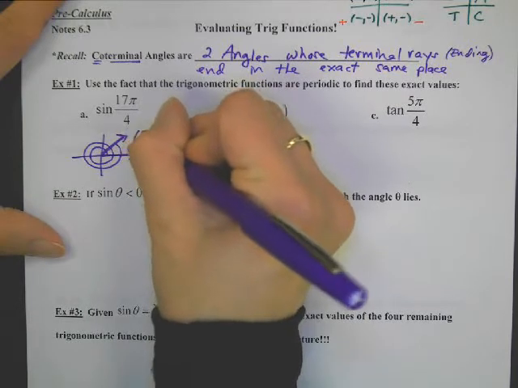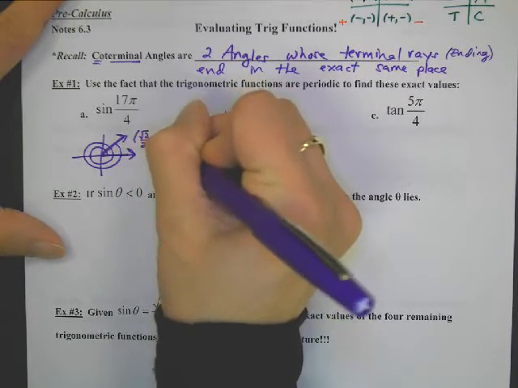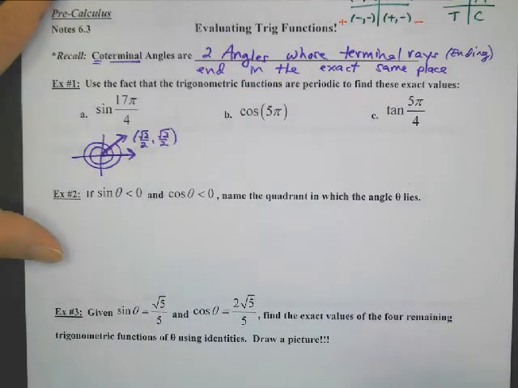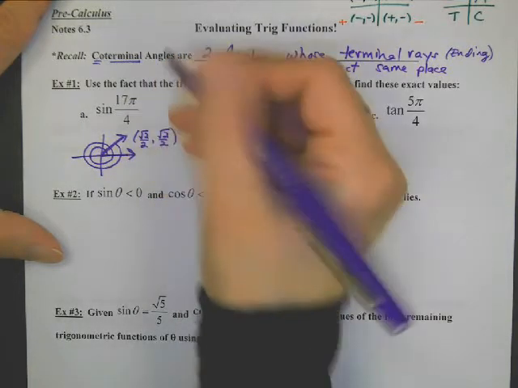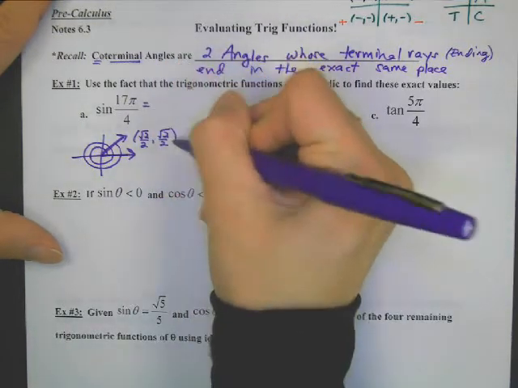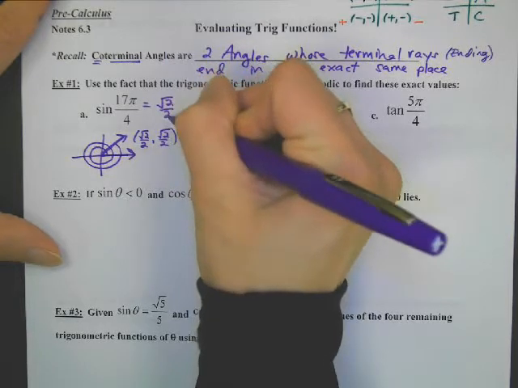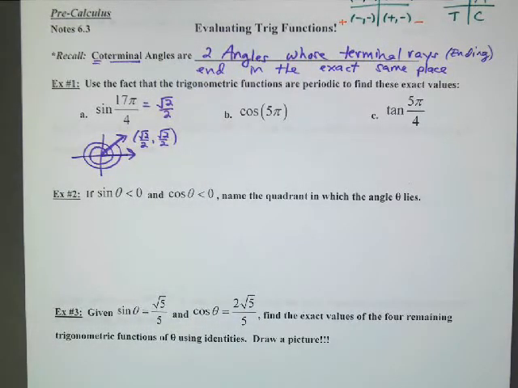The values here are radical 2 over 2, comma radical 2 over 2. So what is the sine for 17 pi over 4? It's just radical 2 over 2, the same as for regular pi over 4. So that's what that means. If you can get to the place, you can answer the question.